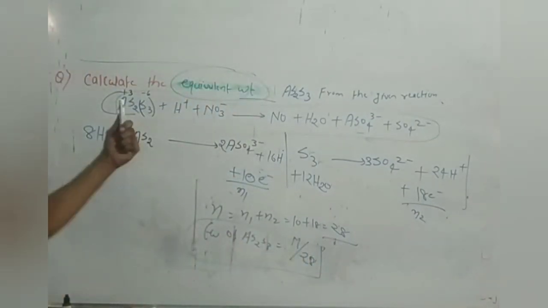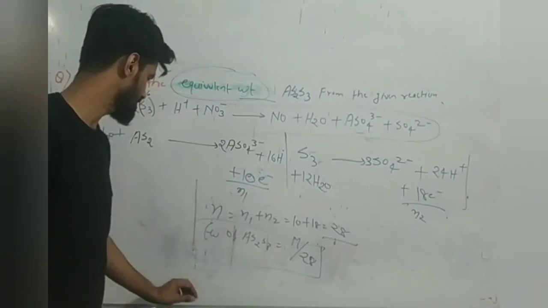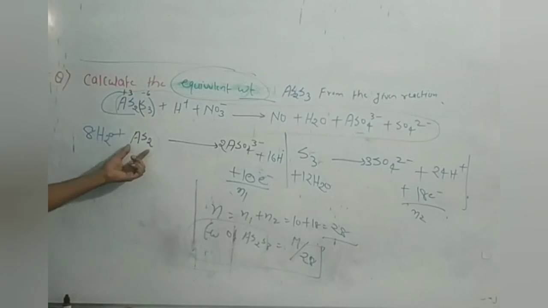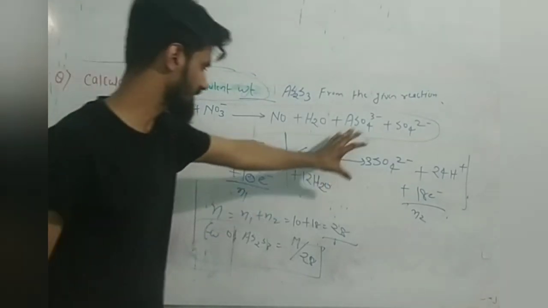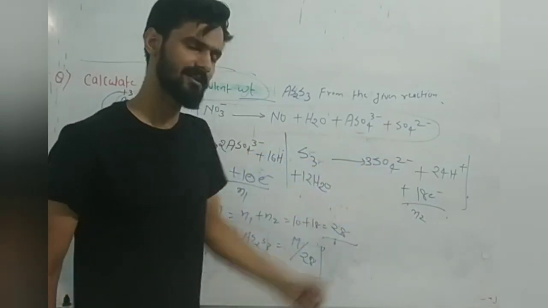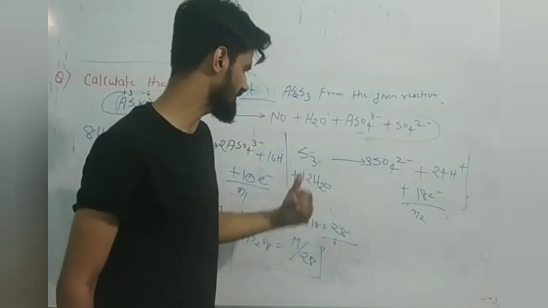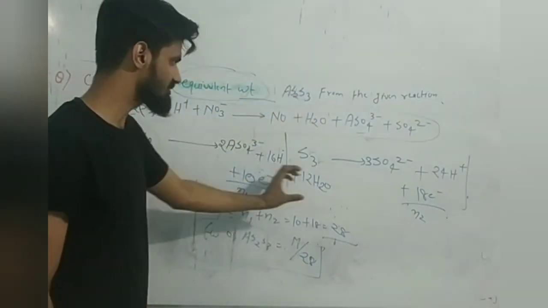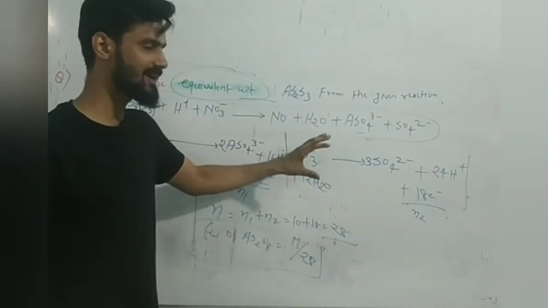In this way you have to proceed with these types of questions. First try to break the substance. I have broken this into As2 in this way, and you just have to follow the basic steps according to the acidic medium. In that way I have proceeded to the final condition. Just go through this, solve this question 2 to 3 times, because it is one of the standard level questions.